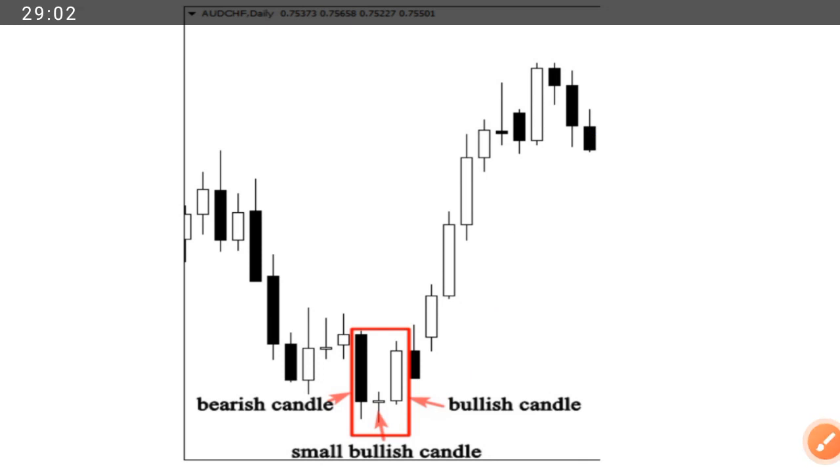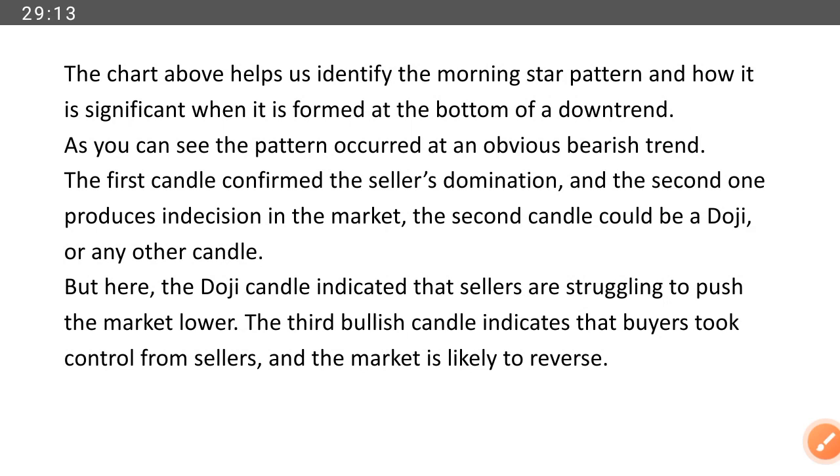So that's it. That's an example of a morning star candlestick pattern in a chart. The chart above helps us identify the morning star pattern and how it is significant when it is formed at the bottom of a downtrend.